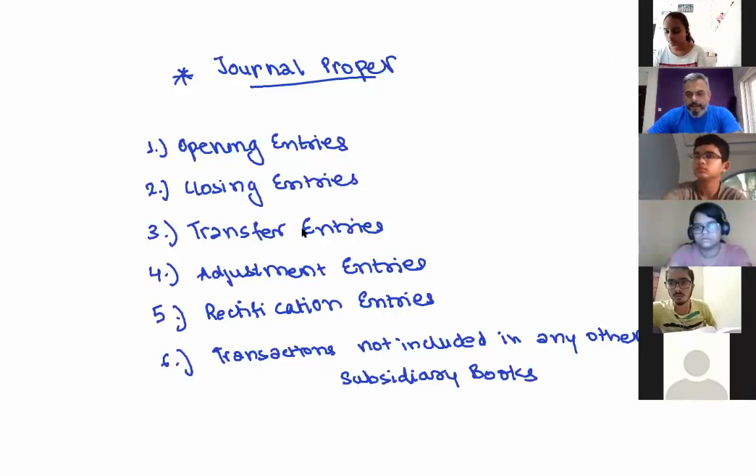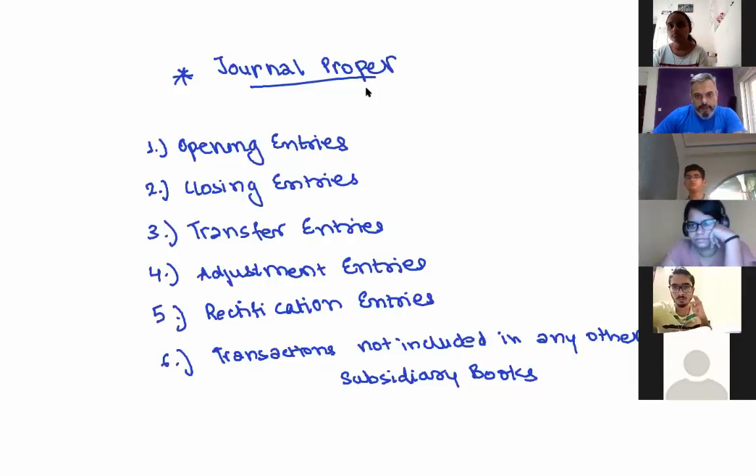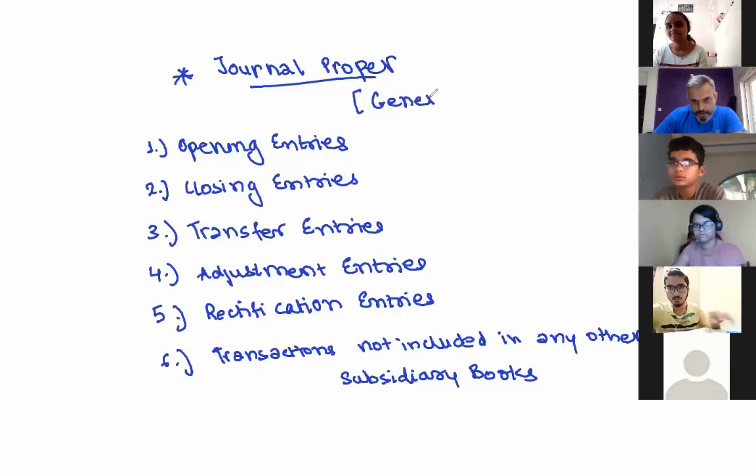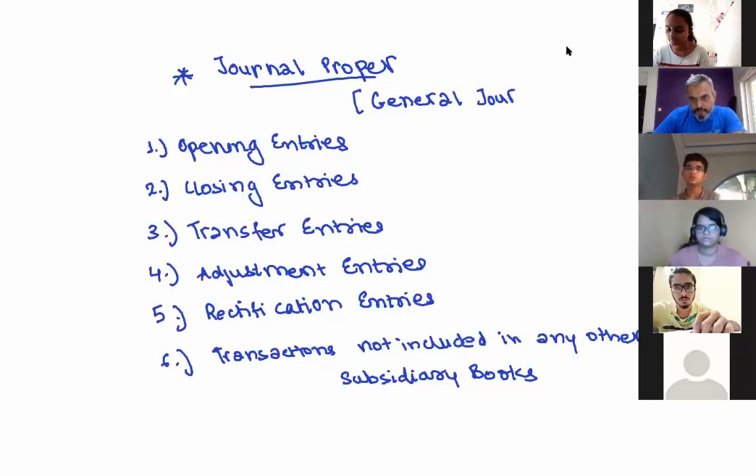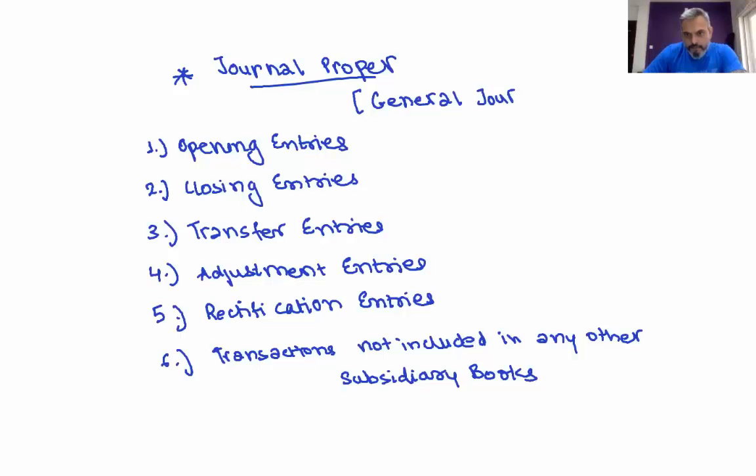Now see, journal proper is also known as, you remember this name, general journal. Now, general journal, meaning it's a general book. Okay, so instead of journal proper, it is also called general journal. In some of the textbooks, this name, general journal, is used.